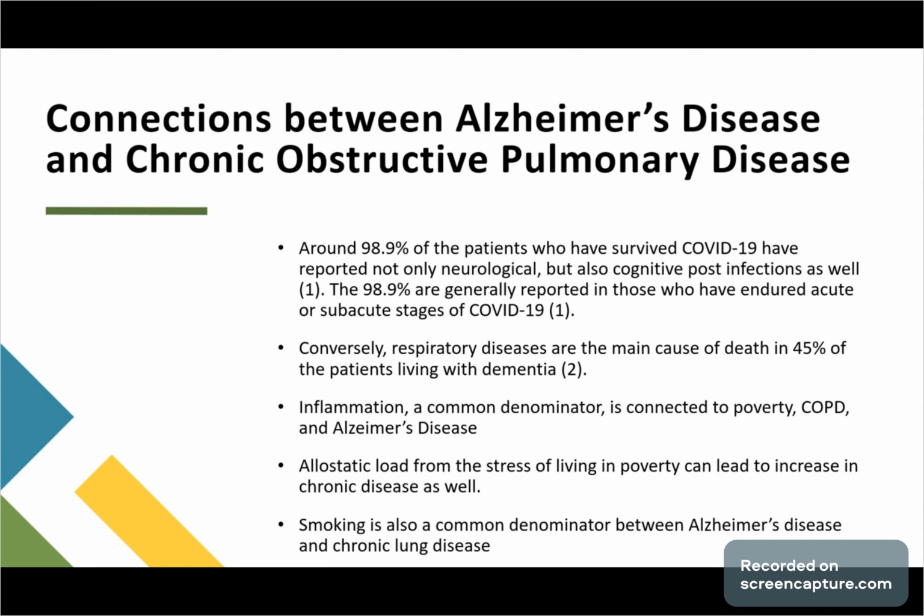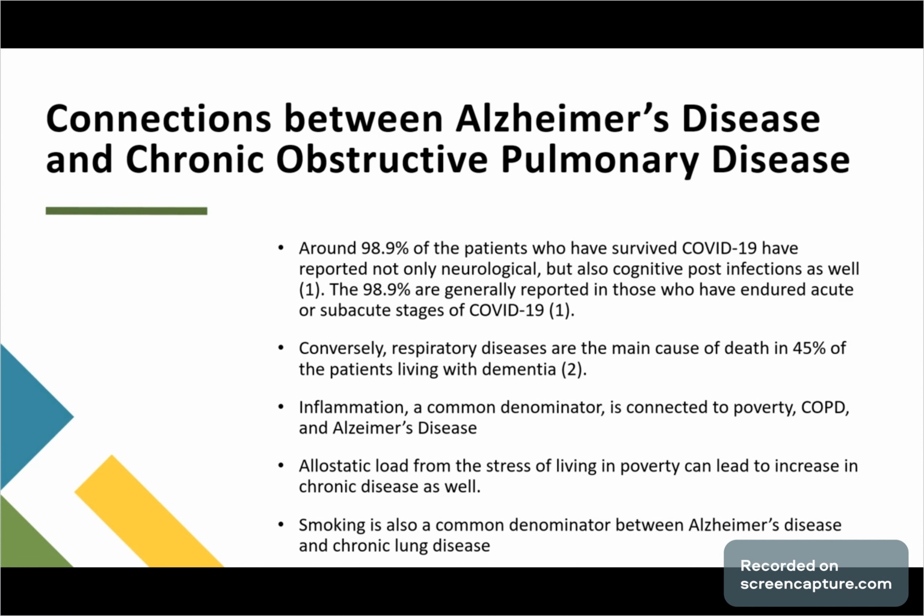One thing, and some of my students came up with this, is that inflammation affects both organs. This is a very inflammatory disease, and this can be a common denominator. Also, allostatic load, a concept you are probably familiar with, is like the chronic stress of city living.